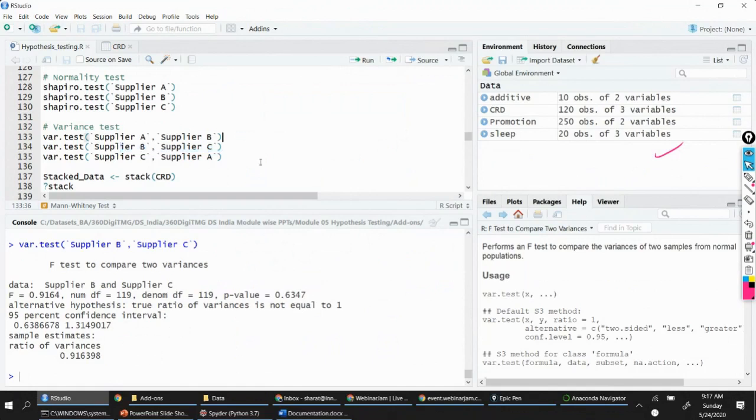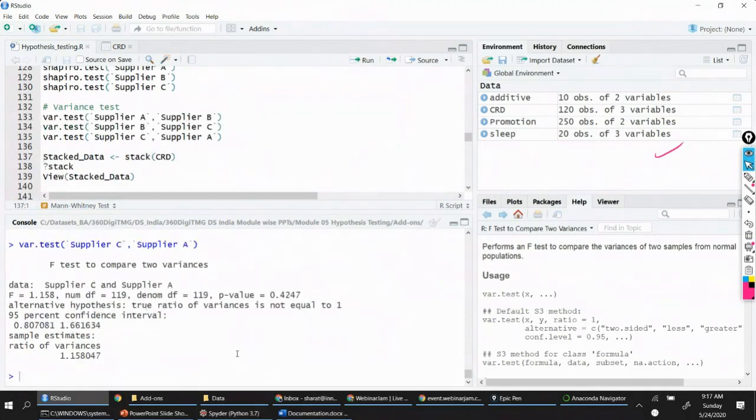B and C, this is also variances are equal. Finally, C and A, and here also we get the variances equal. So we are basically checking the variances being equal between the pairs AB, BC and CA.